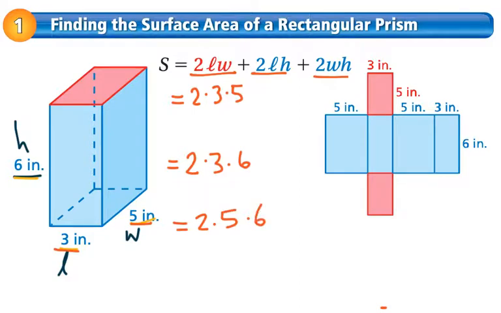Now again, I just want to point out that we are taking 2 times the dimensions here because there's an equivalent surface for each one of the ones we see in the 3-dimensional figure. Meaning if there's a front, well, there's also a back, and they're identical. If there's a top, there's going to be a bottom, and they're identical.